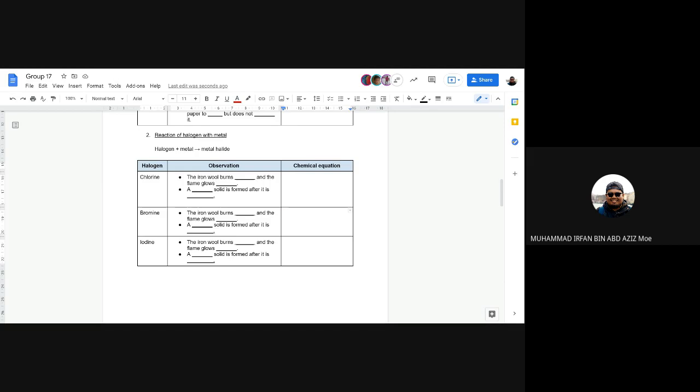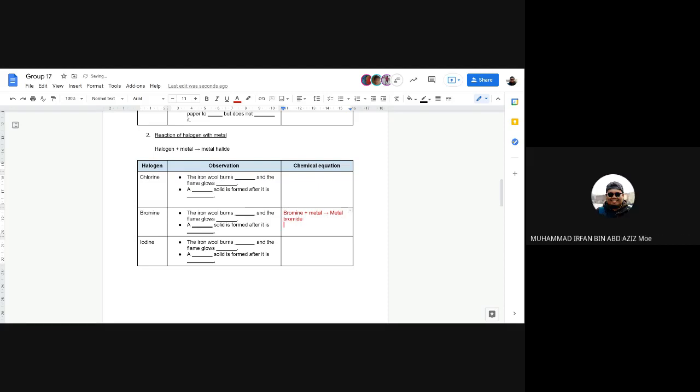Okay, for bromine, kita akan react halogen plus metal. Okay, bromine plus metal can get metal bromide.